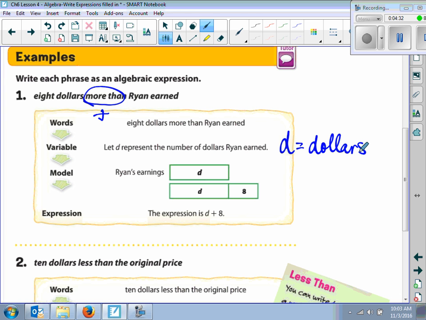If we have 8 more than that, that means we're going to tag on 8 more, right? So here, we're tagging on 8. So this represents the dollars Ryan earned plus the 8 more. Is everybody clear? So, $8 more than Ryan earned is written D plus 8.